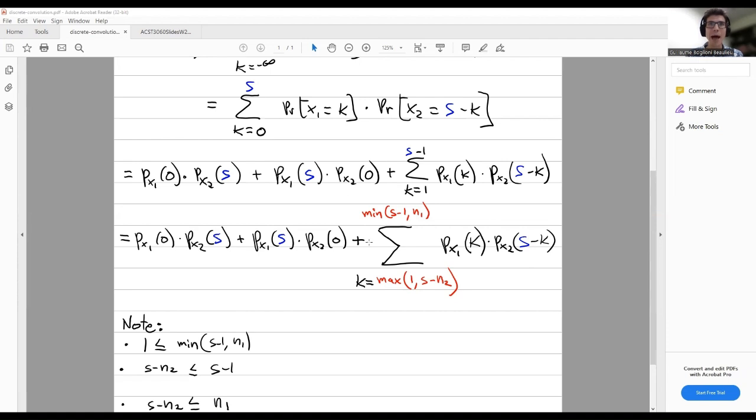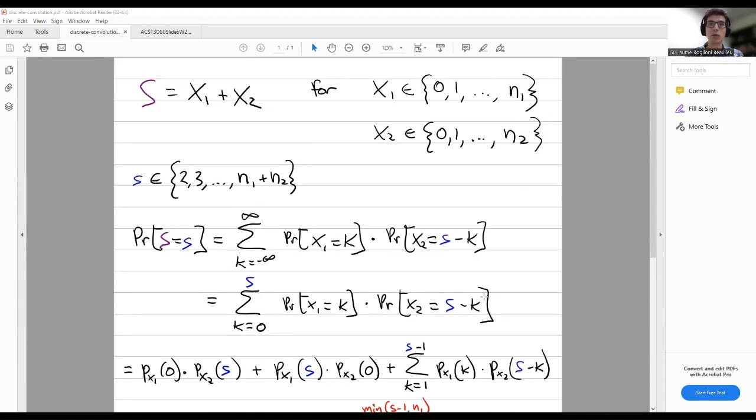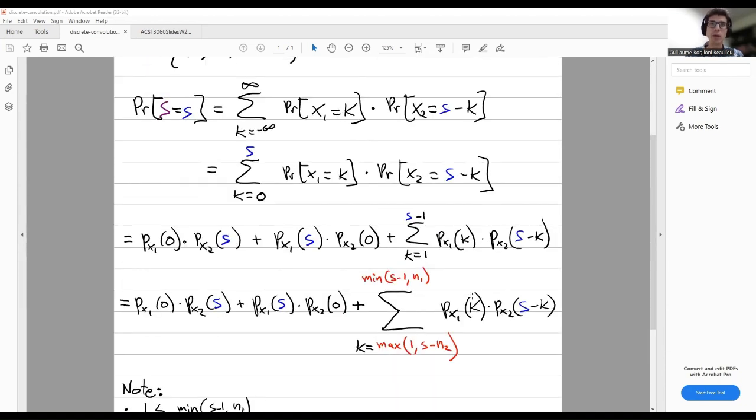And then the upper bound of the sum, similar thing, but now you're worried about px1 of k. You're worried that this k here might be too big, meaning bigger than n1, n1 being the maximum value x1 can take. Because again, same problem, px1 evaluated at something bigger than n1 doesn't exist in our code.